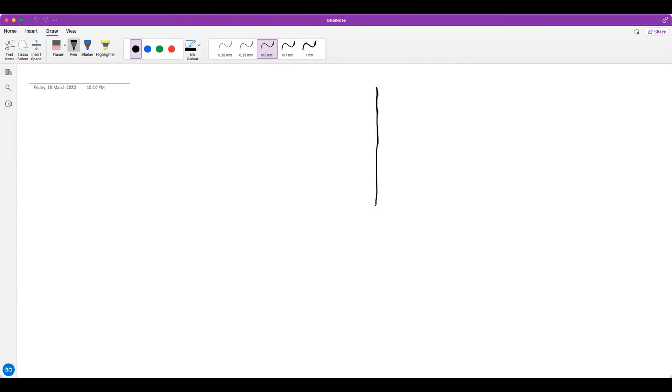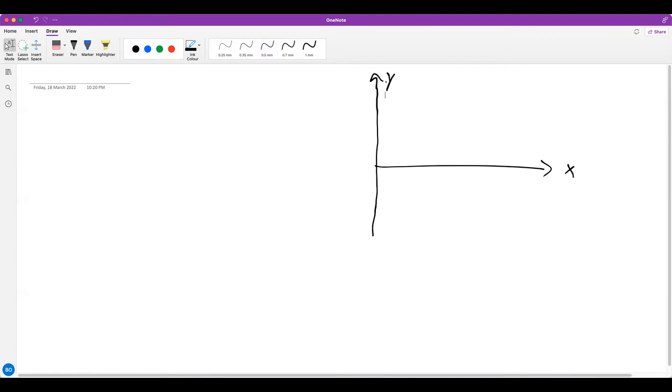consider a y-axis. This is an x-axis. So this is the y-axis, and I will take two charges.